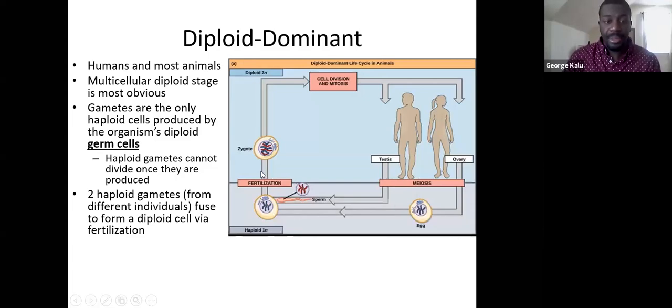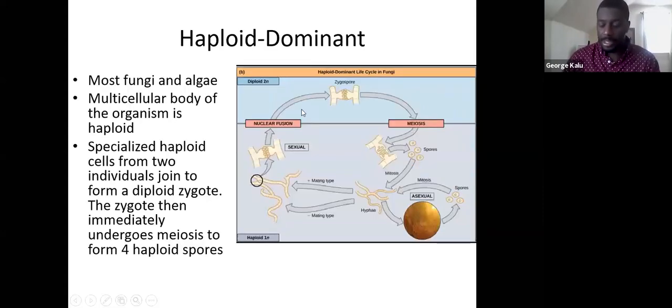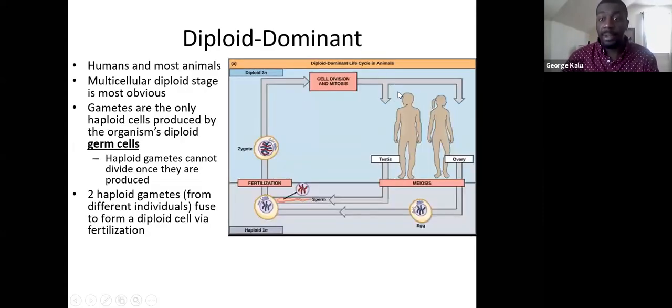What these life cycles typically look like is we have, for example, our haploid sperm and our haploid egg. They fuse through fertilization and form a diploid zygote. Once they form that diploid zygote, they start undergoing mitosis and producing other diploid cells.